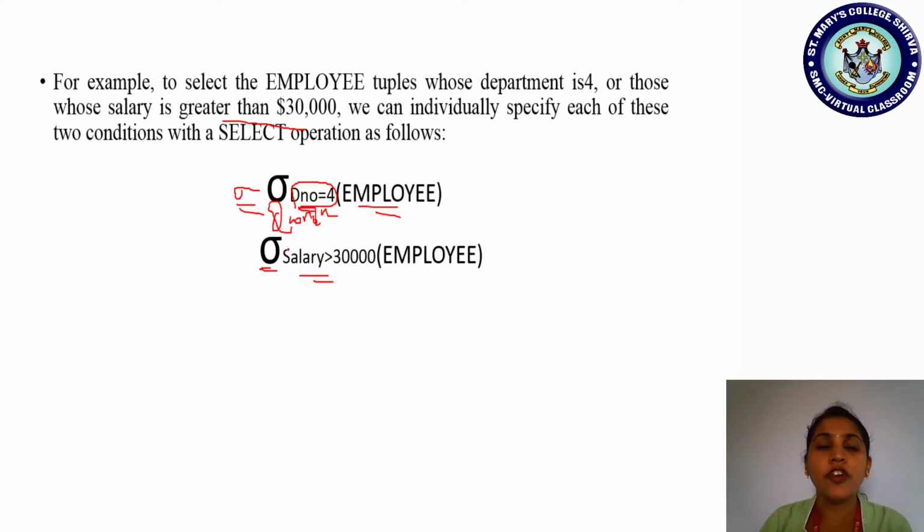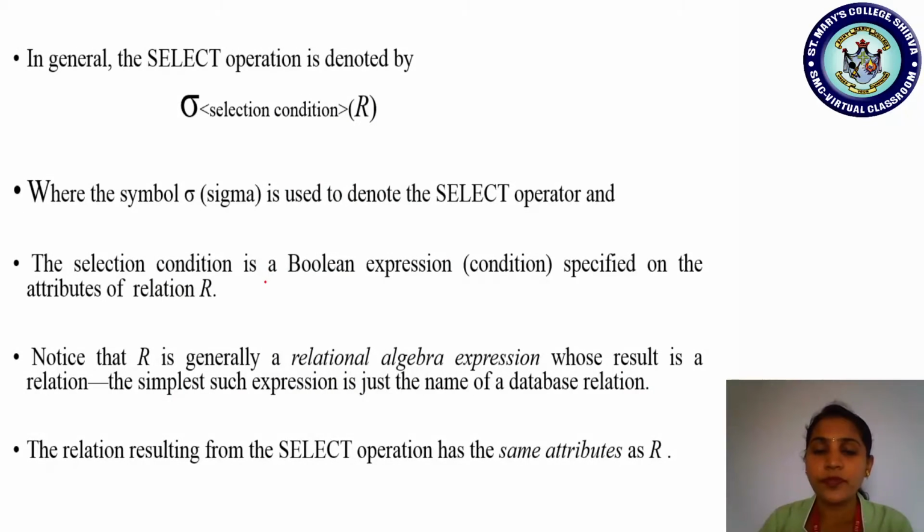The attribute, that is salary. Salary should be greater than how much? 30,000. So this is the condition we have specified. Like this, based on the qualifying condition, the select operation is going to get the matched tuples for the user.